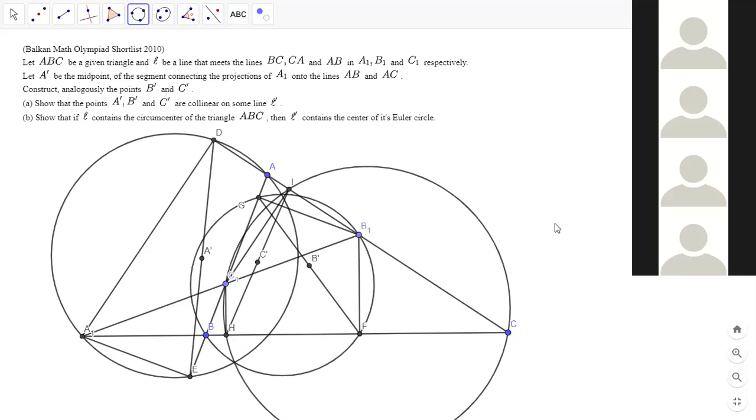Like what's the quadrilateral? I mean, that is not literally the Gauss line, but it is connected to the Gauss line. Okay. That is like the Steiner line or something like that. It is perpendicular to the Gauss line of BC, B1, C1. Okay.